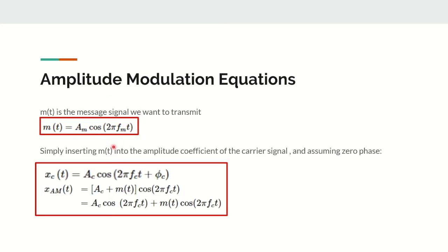By simply inserting our message signal into the amplitude coefficient of our carrier signal, and assuming zero phase constant here, we can get our modulated signal once we distribute our M of t. This makes our signal much easier to transmit and is basically what we will be focusing on.